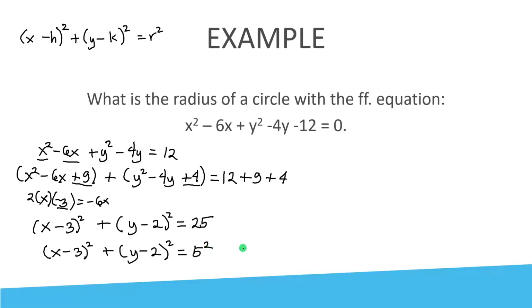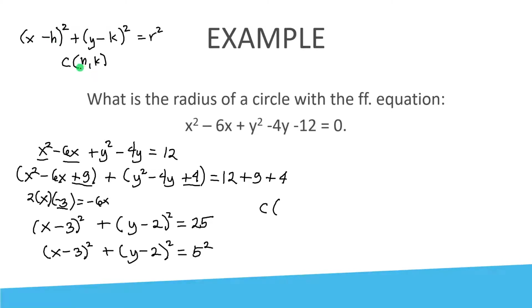Now we are in the standard form of the equation of a circle, where we can easily determine the center. The center is (h, k). If your sign in the equation is negative h, for the coordinates of the center it shall have the opposite sign.